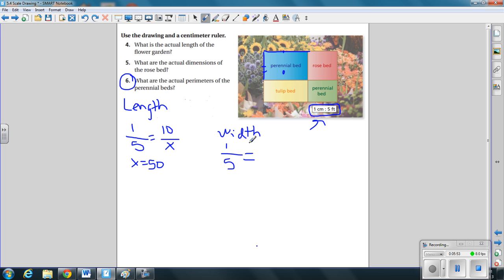So now we're looking at this piece here, and we'd like to know how big that side measures in real life. Again, take the cross product, and we get x equals 35. So the dimensions of this shape would be 50 feet by 35 feet in real life.